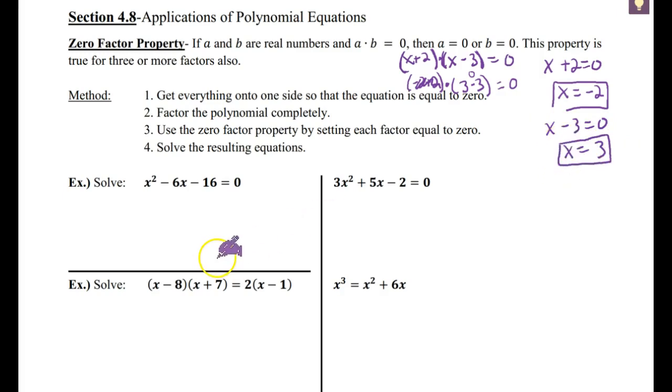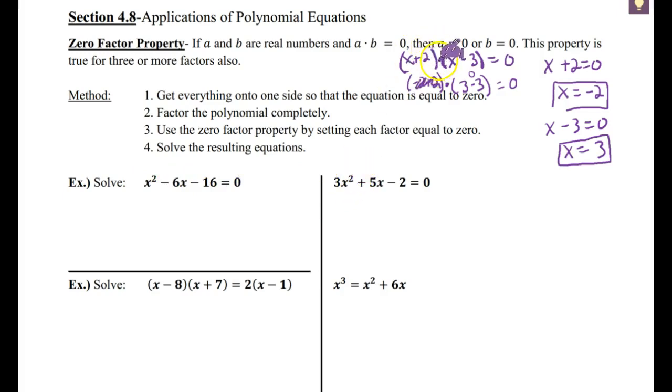So the method that we use to solve polynomial equations is, first, we have to make sure everything's on one side and it's equal to 0. This property only works because of the 0. It's 0 times anything that makes it 0. So it has to be set equal to 0. Then we factor the polynomial that we have.